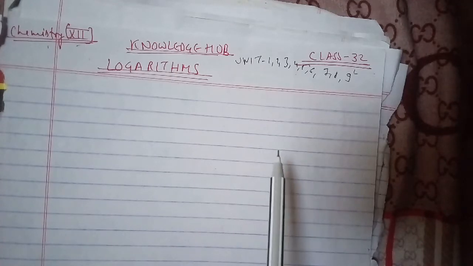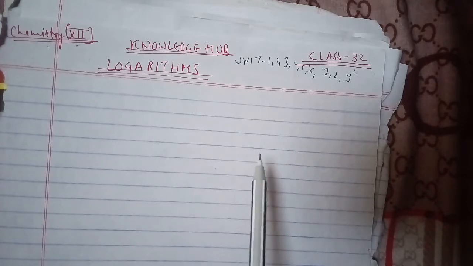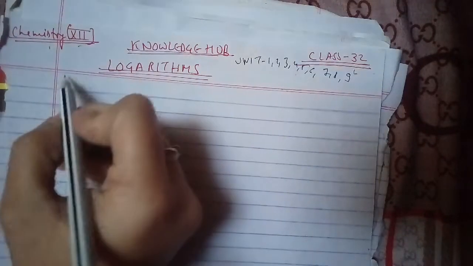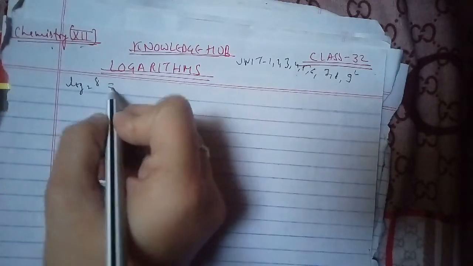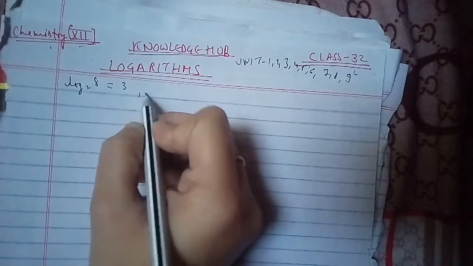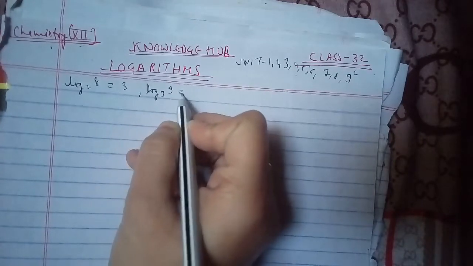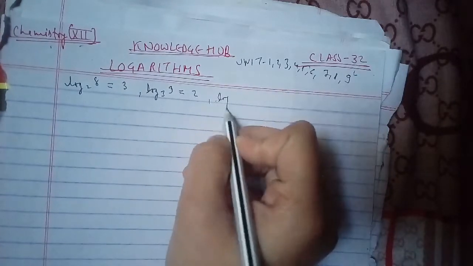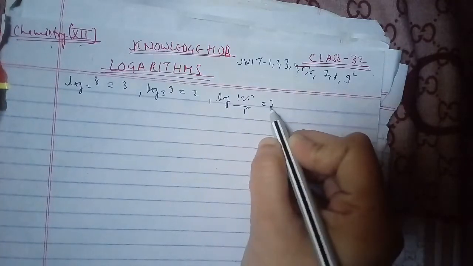So we'll go ahead with the same values. We have log 8 to base 2 is 3, log 9 to base 3 is equal to 2, log 125 to base 5 is equal to 3, and log 1 to base 7 is equal to 0.